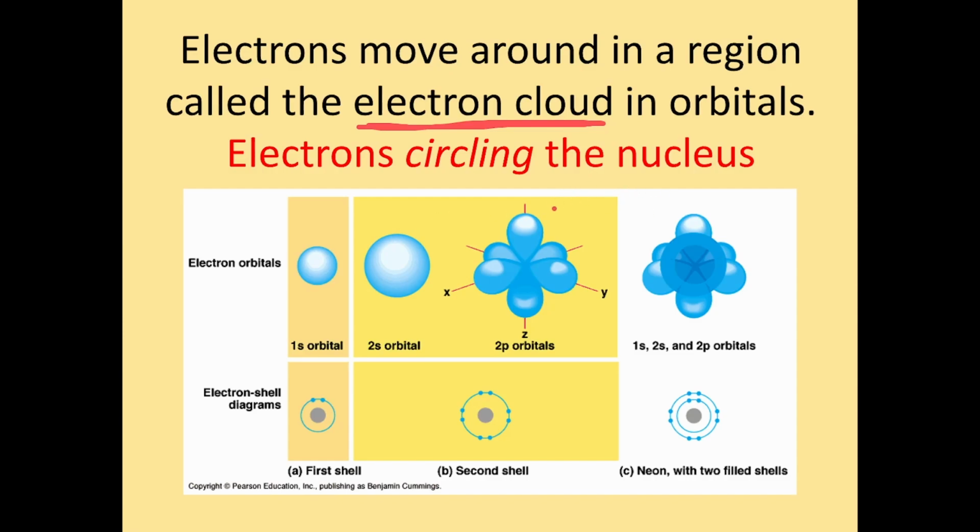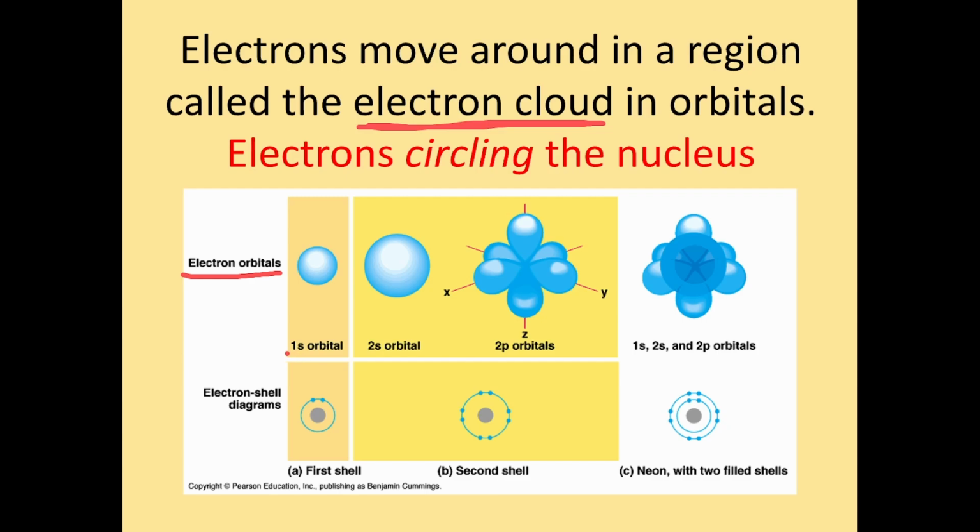And so these electrons are moving around the nucleus. They don't move around like the planets go around the sun. They're going crazy, but they'll be found in this area. Now, what's confusing is the naming of the orbitals, and we're pretty much going to save that for chemistry because it's not going to apply a whole lot to us in biology.